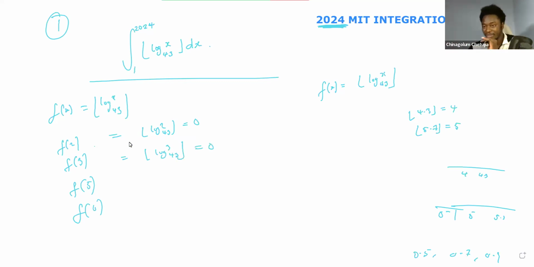This means that given this interval, we are calculating it. Now, notice that a definite integral is asking you for the area under this graph, so we're going to try to sketch this graph.